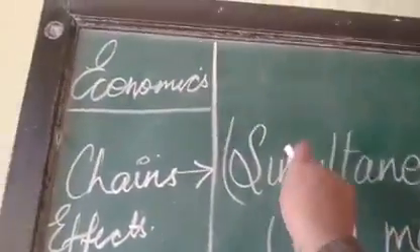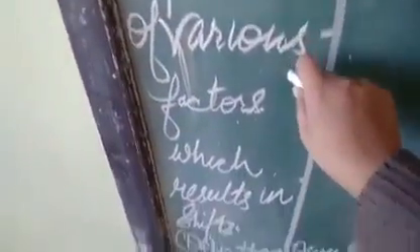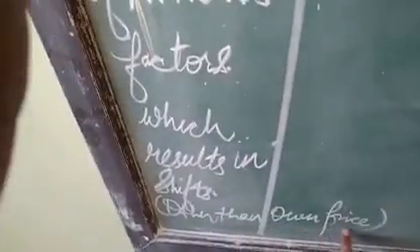Here also, हम इस वाले फेज में simultaneously chain effects में market forces में mark करेंगे various factors which result in shift. And this shift will be other than own price. And this other than own price marks you with the shifts of demand and supply both.